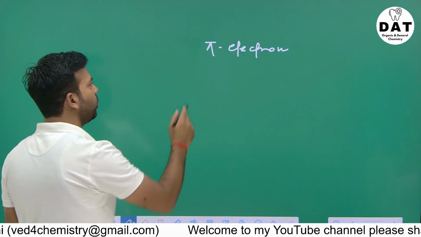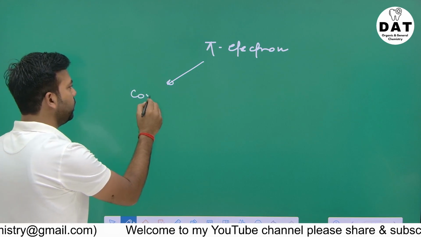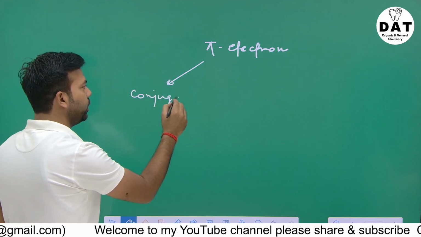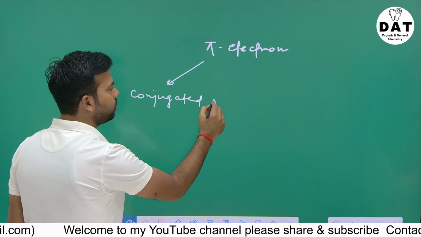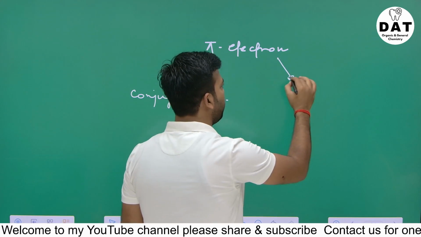This pi electron is of two types: conjugated pi electron, and the second one is non-conjugated pi electron.